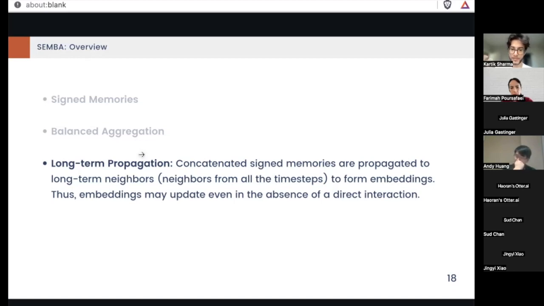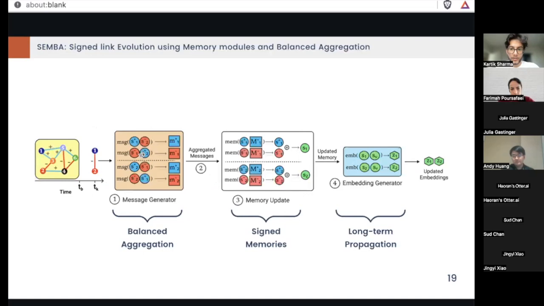The embeddings can therefore be updated even if there is no direct interaction. Basically, when there is an interaction in any of the neighbors, these embeddings would be updated. That's the basic idea, and we implement these three components in the model pipeline. We can see in more detail now how we implement them.